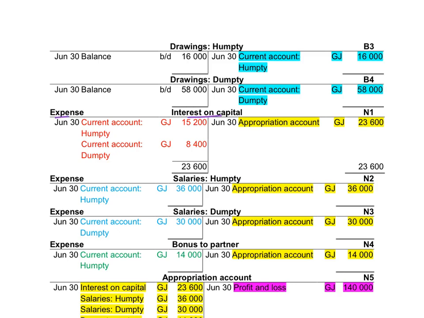That is the expense account that increases on the debit side, and therefore we will debit the expense account to show that the total expense is 23,600. The double entry for this adjustment will be credited in the current accounts.